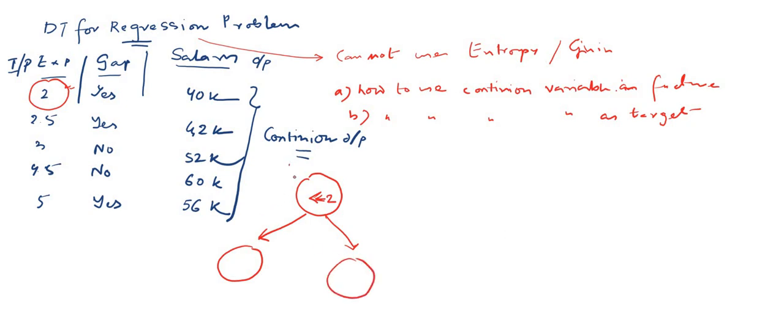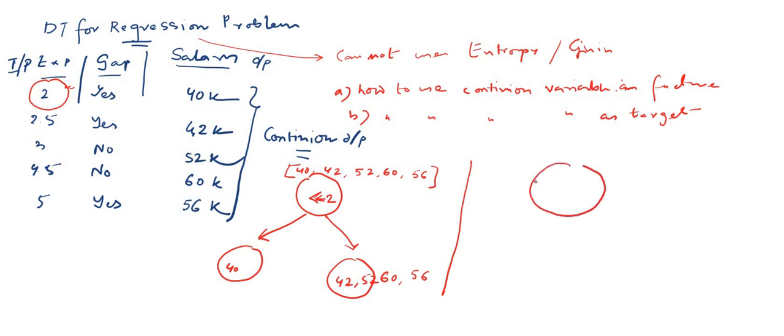First of all, here we have all the values, so 40, 42, 52, 60, 56. When we split, less than or equal to 2 means only 40 will come here, and the remaining observations, 42, 52, 60 and 56, will come here. After this we have to find the information gain, and I will show you how we calculate that.